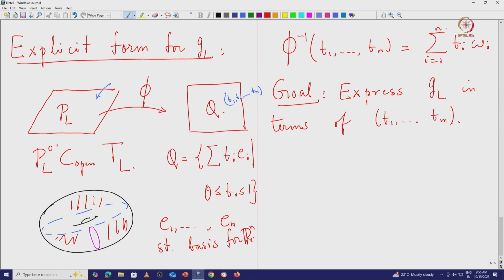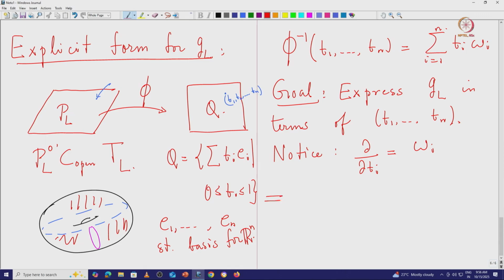In order to do that, we just notice that if you look at the tangent vector in the ith direction, by just differentiating this inverse map, this is clearly the same as omega i.